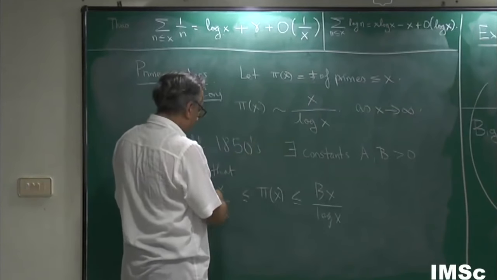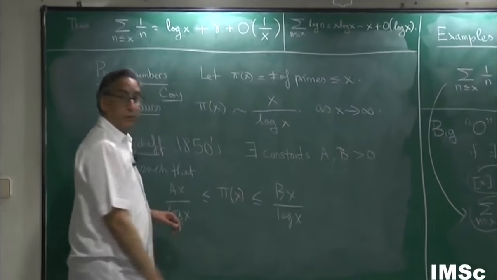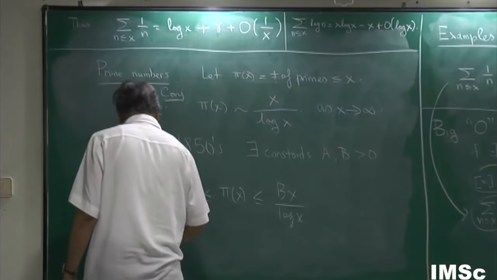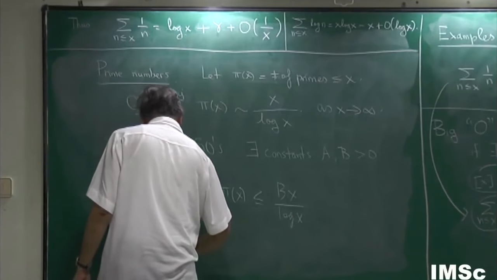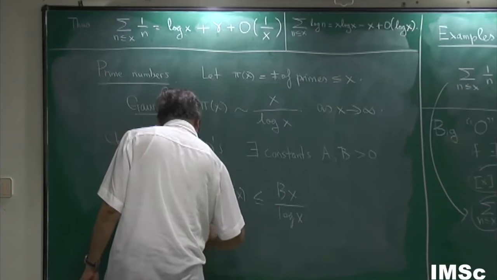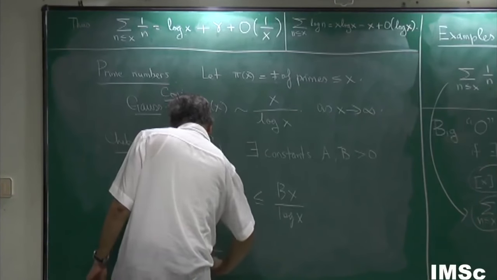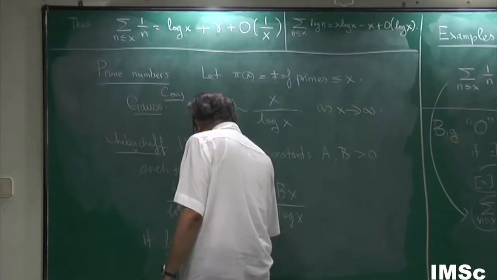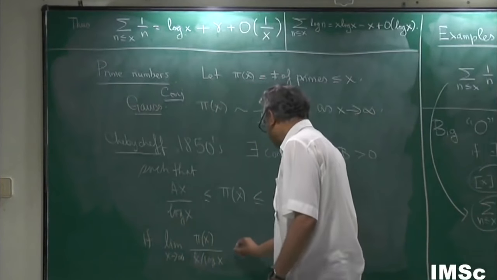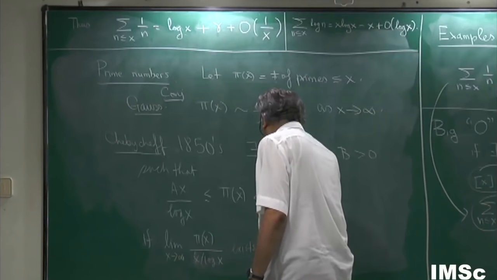He kept getting better and better numbers. He started making the constants closer and closer to 1. And then he proved the remarkable theorem: if the limit of pi of x over x over log x exists, then the limit is 1.